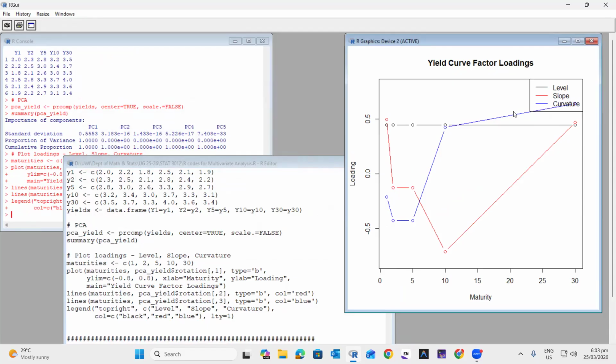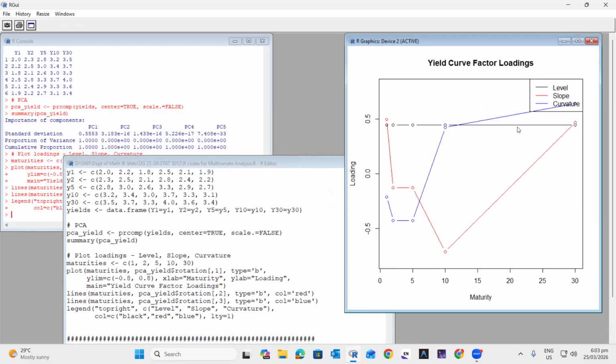So the x-axis shows the bond maturities in years: 1, 2, 5, 10 and 30. And the y-axis shows the loadings, basically the weight of each maturity in each principal component. So three lines correspond to the three principal components: level, slope and curvature. The level factor PC1 is the black line.